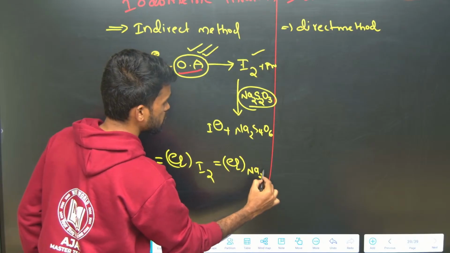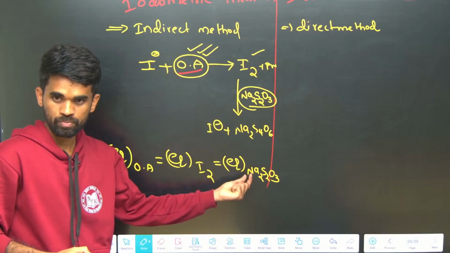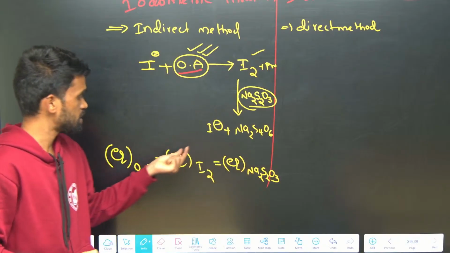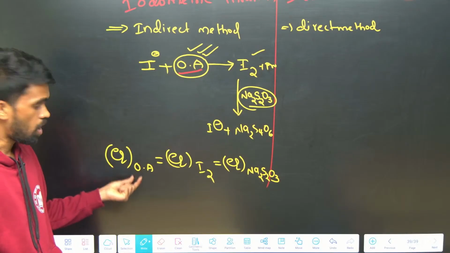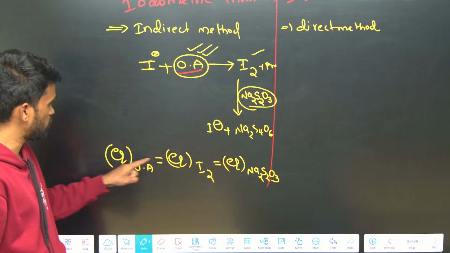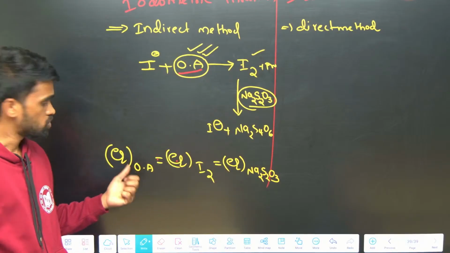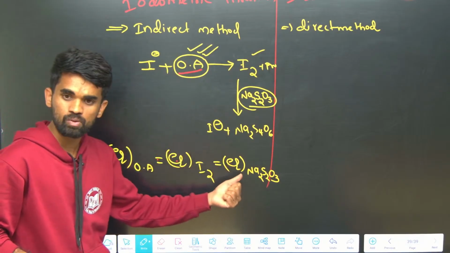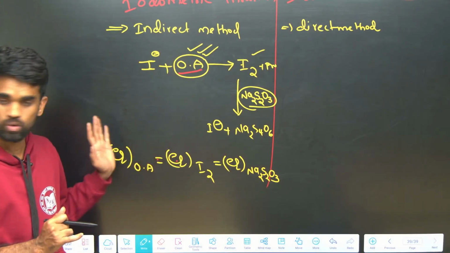Now here hypo is a standard solution, which means its concentration and volume I know. Using this data, that is equal to iodine, which is also equal to the oxidizing agent. If these two are equal, I can make these two equal as well. So equivalence of oxidizing agent equals equivalence of hypo. So using that method we can calculate. I will show you one question.